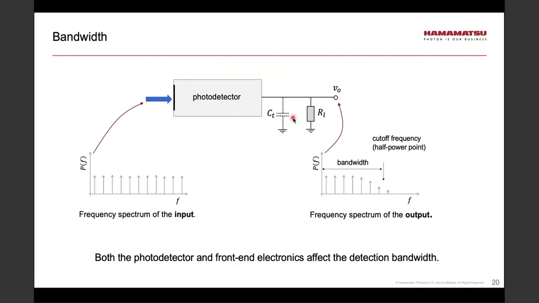Let's do an experiment. Suppose that I illuminate this photodetector with light such that its intensity or its power is going to be modulated from, let's say, DC, which means no modulation, to ever increasing frequency of modulation.